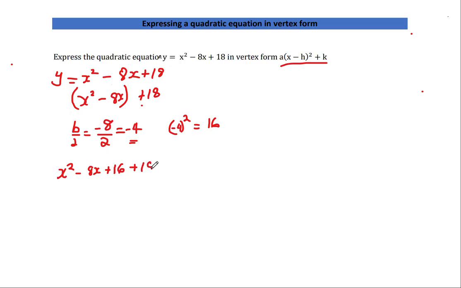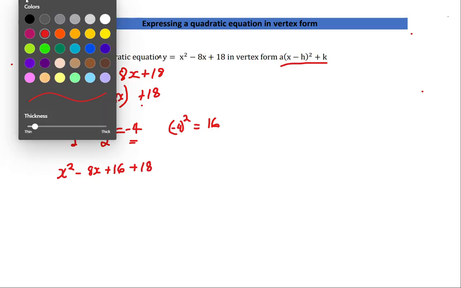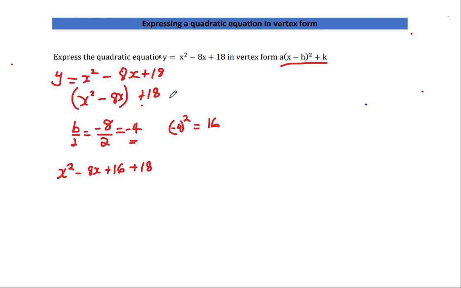But because we need to maintain balance in the equation and not alter the original form of the function, we will need to balance the equation by subtracting that same 16, the 16 that was added to the variables, from the constant.